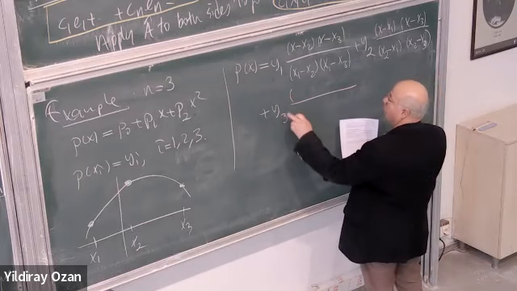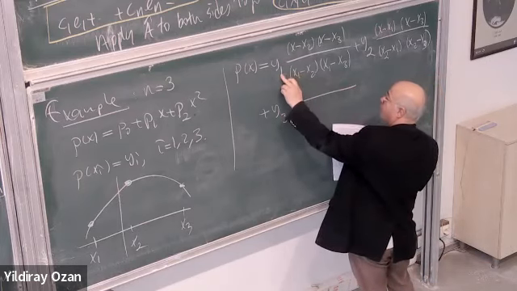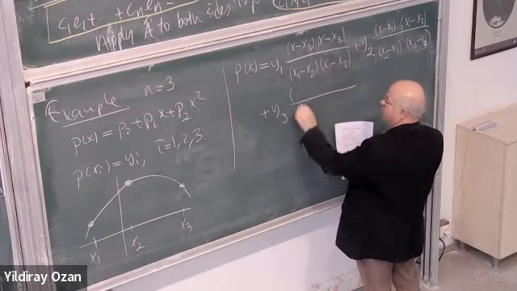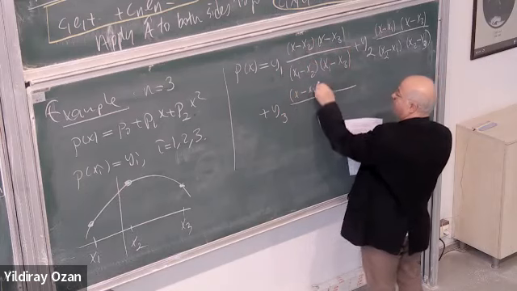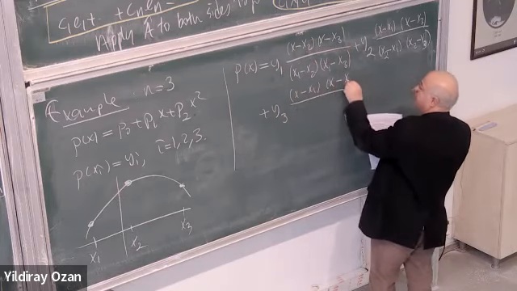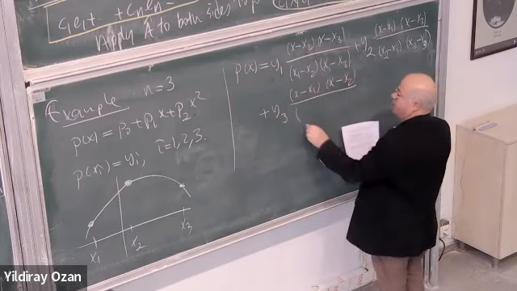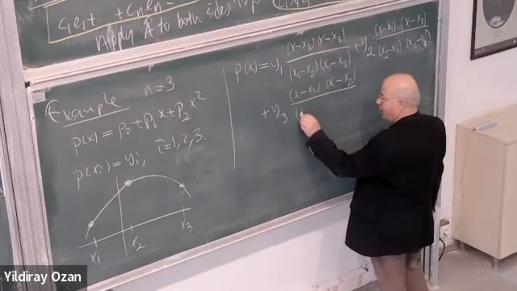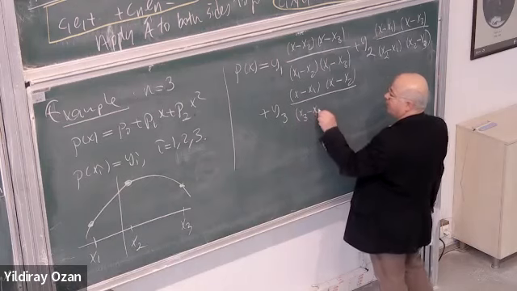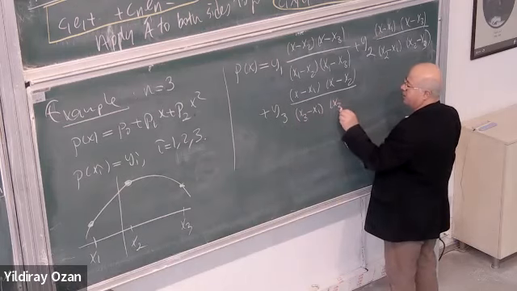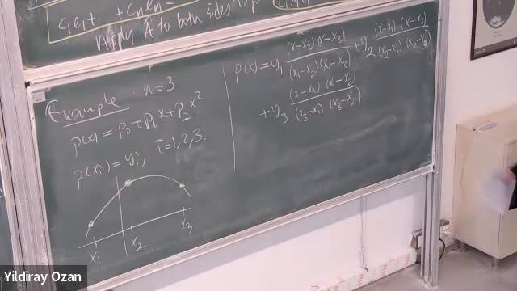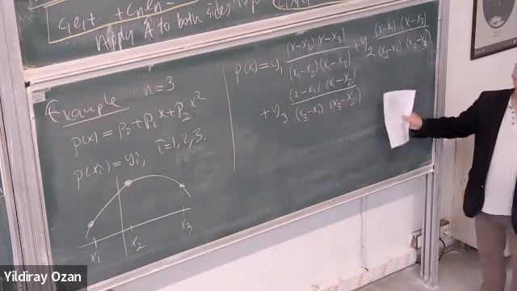If you have 1 here, then you don't have 1 here. Therefore, this will be just (x minus x1)(x minus x2), and here you will have just (x3 minus x1)(x3 minus x2). So I claim that this is the solution.